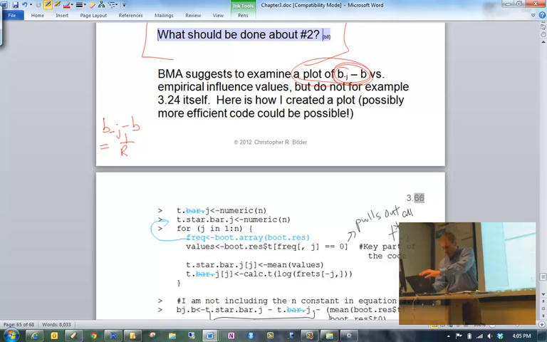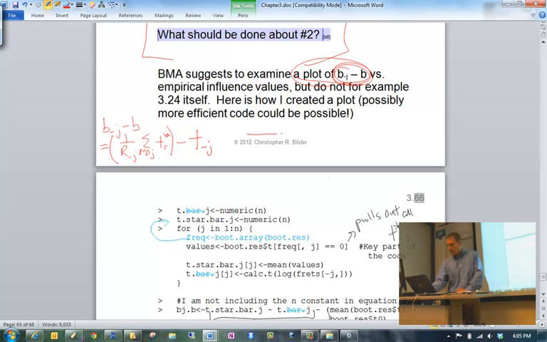It's 1 over R sub negative J times the sum of the T R stars, and I'm just going to say the sum over all R's where no J, so no Jth observation, minus T sub negative J. So you calculate your statistic of interest, in this case a partial correlation, without the Jth observation.